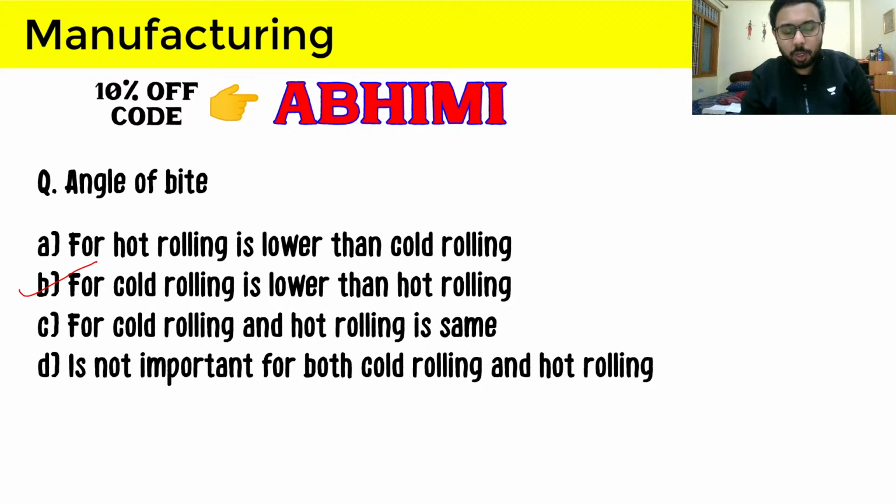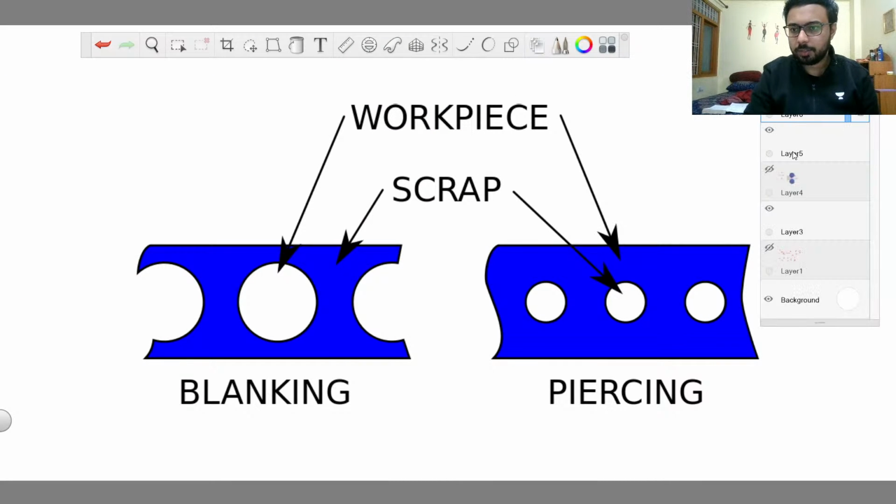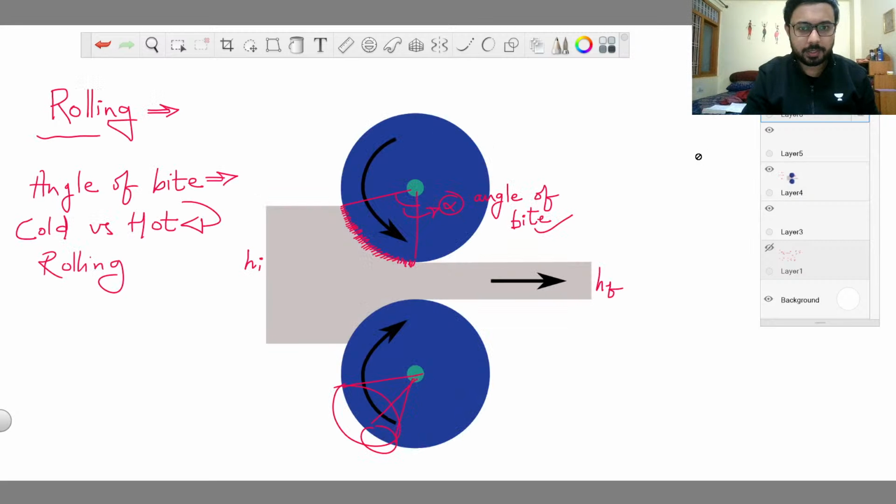Then we discussed the angle of bite, and why the angle of bite is lower for cold rolling than what we encounter in hot rolling. We discussed that due to recrystallization, recovery was taking place before we reached the recrystallization phenomena, and that recovery was making the strain hardened, stressed grains stress-free and equiaxed, and new grains were also forming during recrystallization, which is what happens during hot rolling.